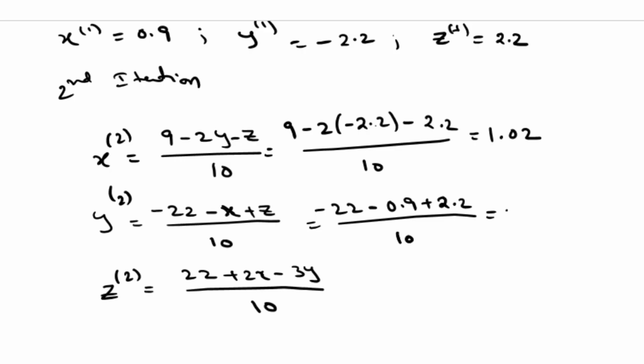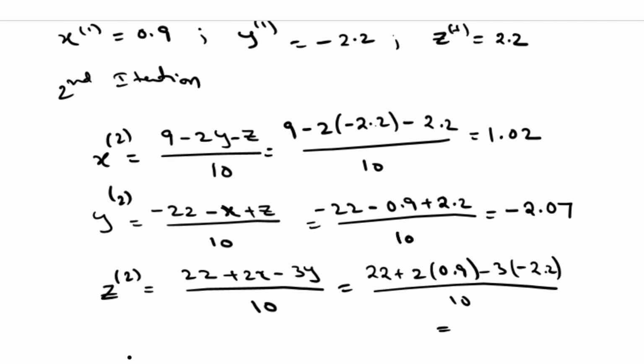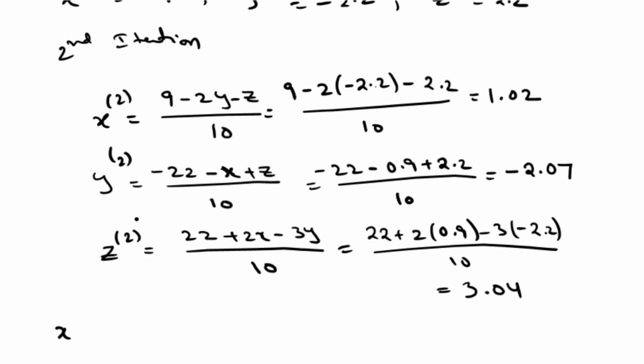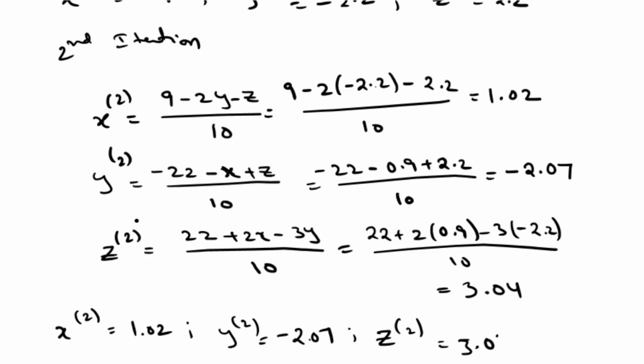Its value is minus 2.07. z is 22 plus 2 into 0.9 minus 3 into minus 2.2 by 10, equal to 3.04. x in the second iteration is 1.02, y in the second iteration is minus 2.07, and z in the second iteration is 3.04.